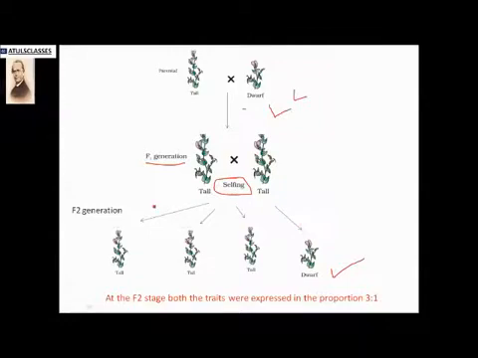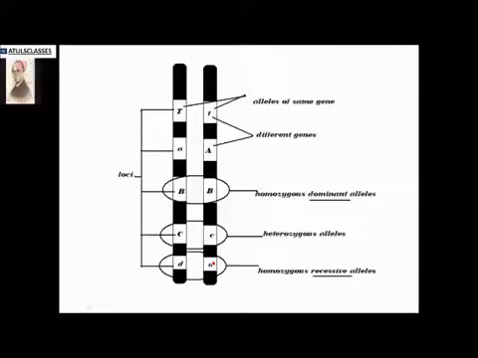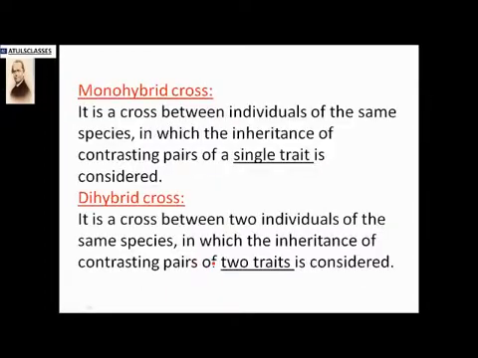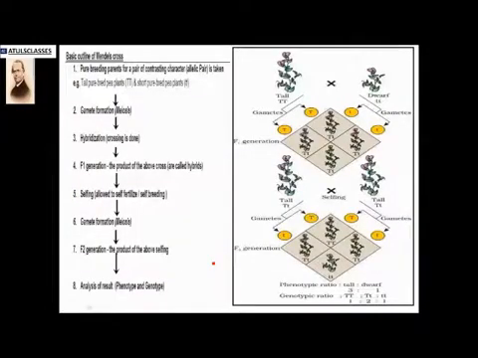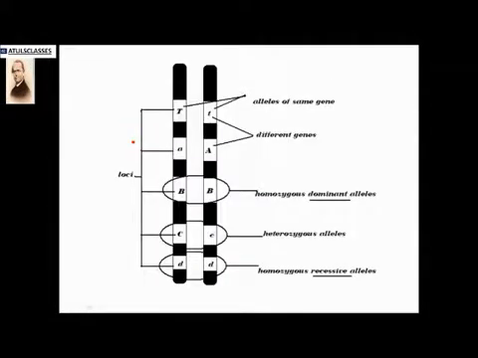So the same can be easily understood by this. Now if you see this, the tall can be written as capital T. But before going to this, we can go through what the actual position of a gene is.